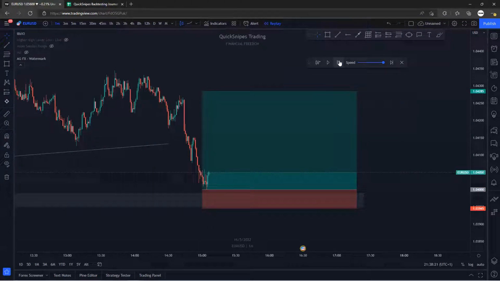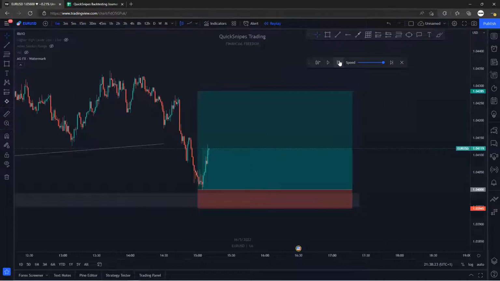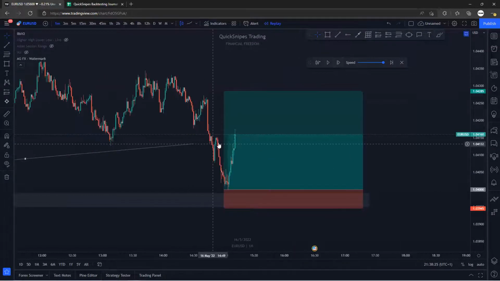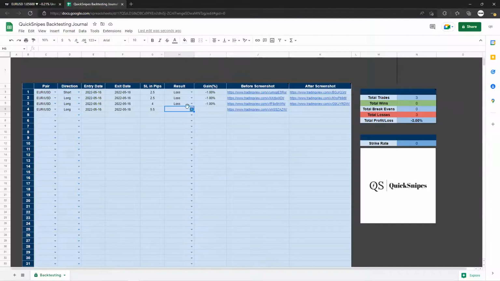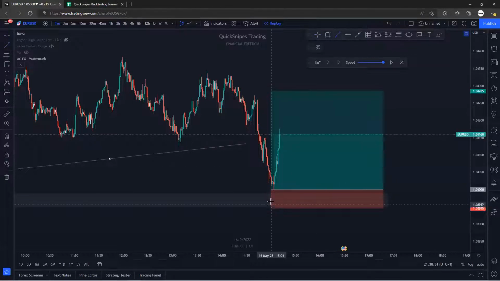Just in. Nice. Okay. Now we move to break even because we've broken the structure here. So if anything, we're at least break even. So our new stop loss is at this.